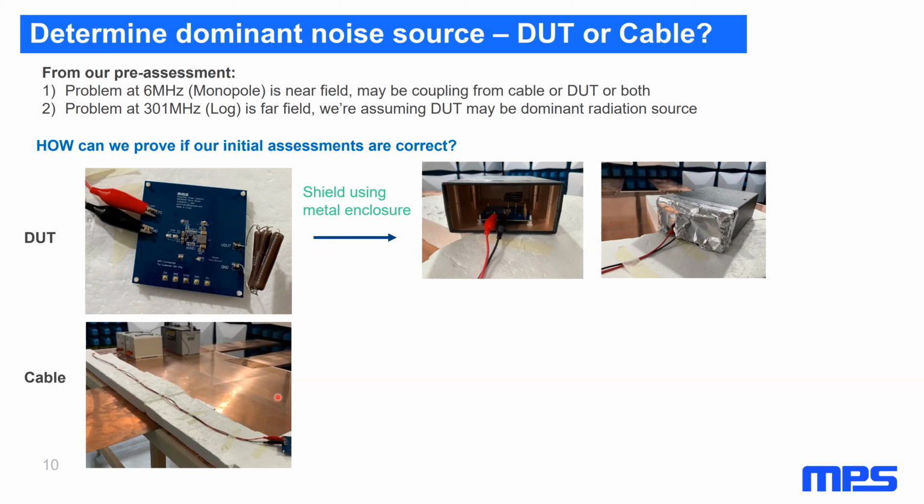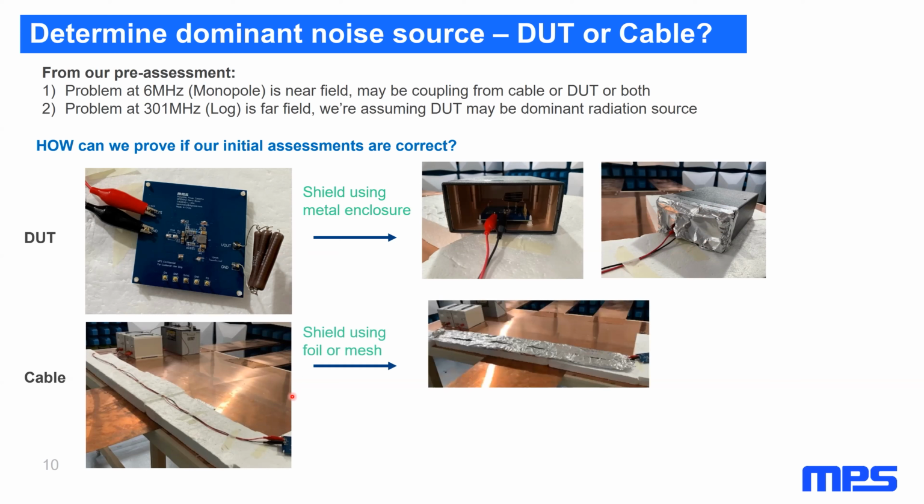For the cabling, it can be a little trickier. But there are a couple of things you can do that could show some behavior differences. The first one, which I showed in my previous presentation, is wrapping some sort of foil or a copper mesh or aluminum mesh around the cabling.